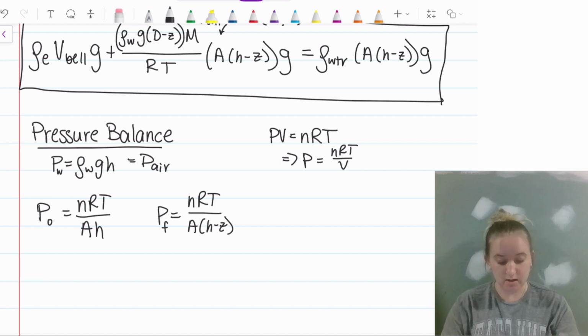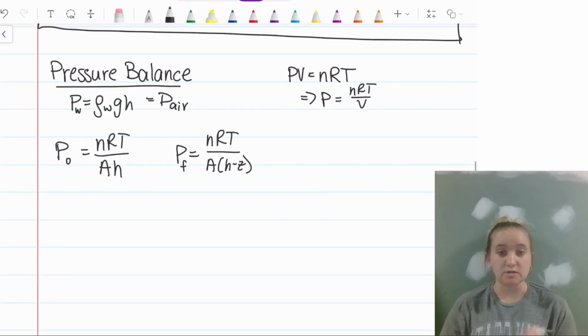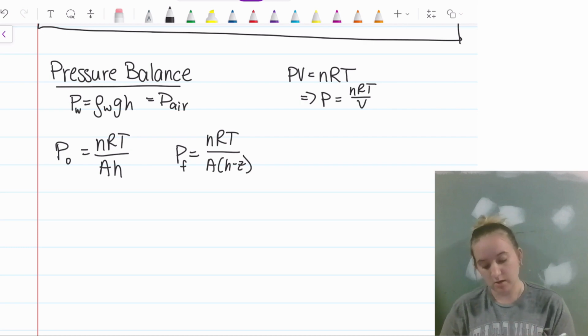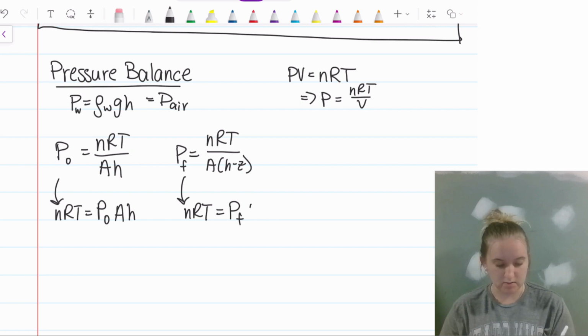And so then from there, what we want to do is write both of these expressions in terms of nRT, because it'll be easier to combine them and simplify them. So this one would become nRT equals P naught times A times H, and then this one would become nRT equals PF times A times (H minus Z), which then these two expressions can be set equal to each other.